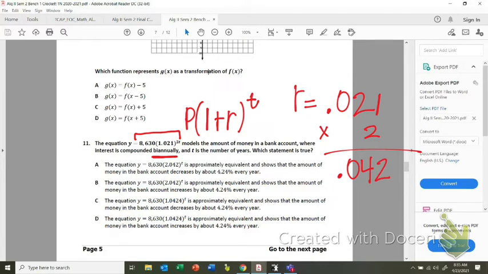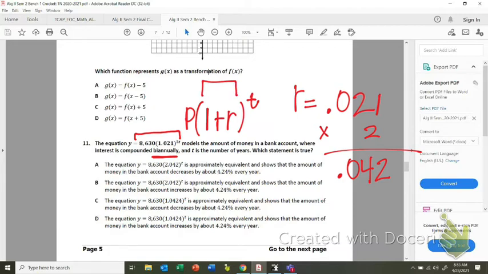0.042. So look at your choices. All of those have 0.042. Do you agree? What are the differences in A and B and C and D? Yes, increases and decreases, but look at what's in the parentheses. One of them says 2, one of them says 1. So on A and B, they multiplied that entire thing by 2.